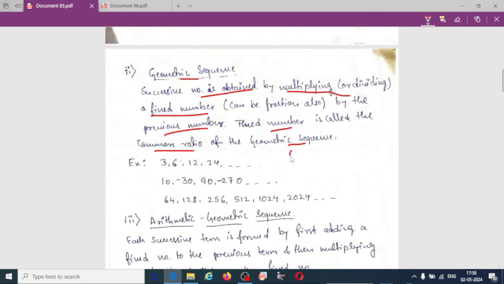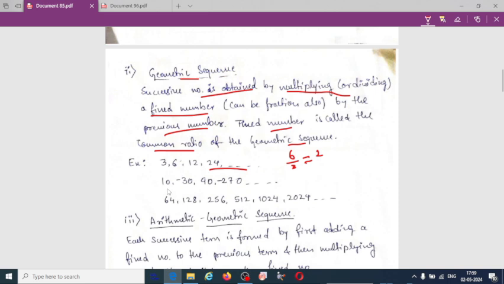Here we take the ratio: 6 by 3 is 2, 12 by 6 is 2. If you take the ratio of two numbers, we have the fixed number 2 in this sequence. We call that a geometric sequence.